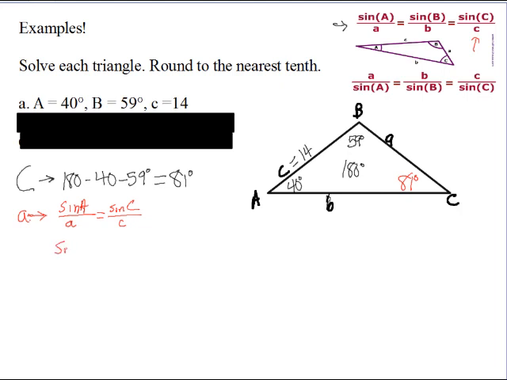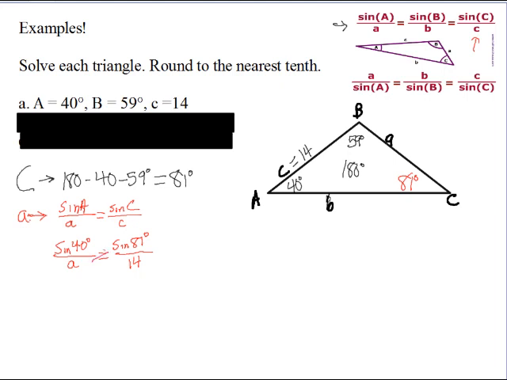I have sine of 40 degrees, big A is 40 degrees. I don't know little a, which is equal to sine of 81 all over 14. Here's my 81, here's my 14, here's my 40.